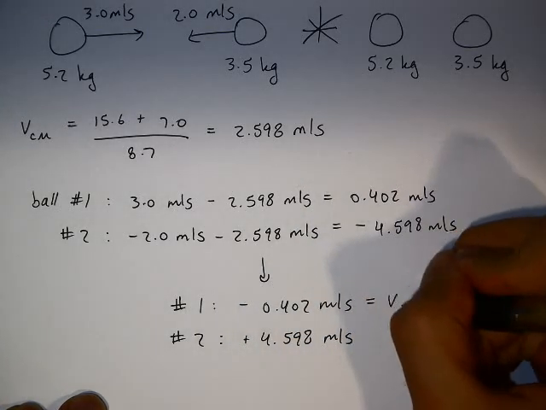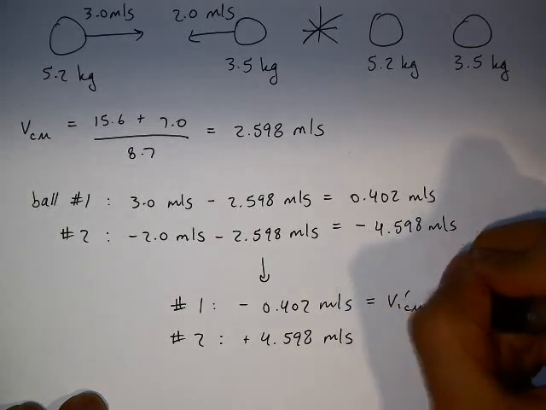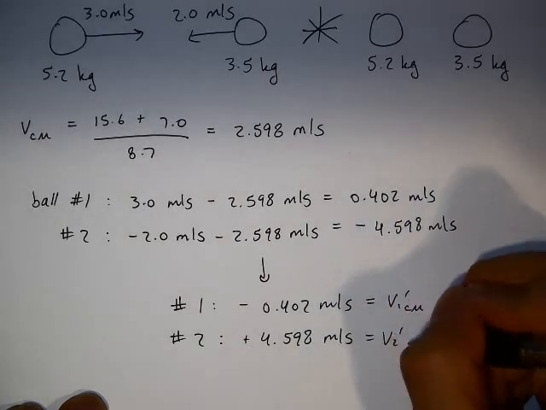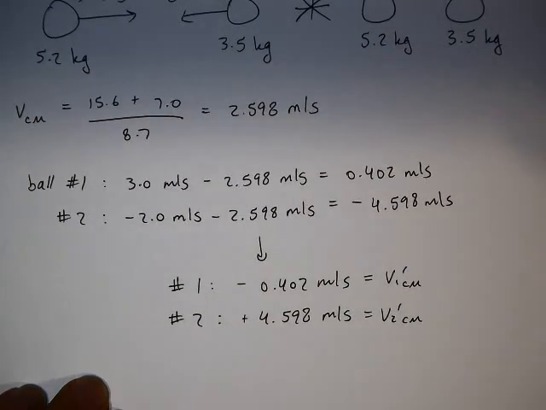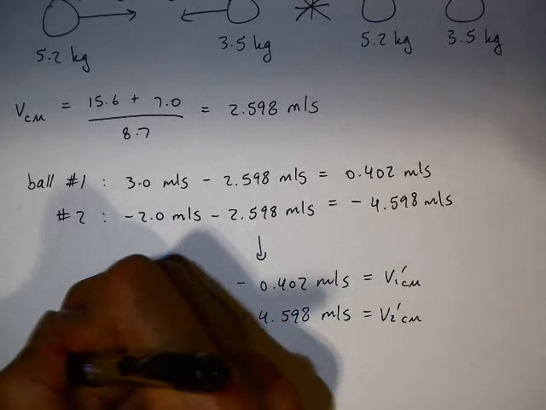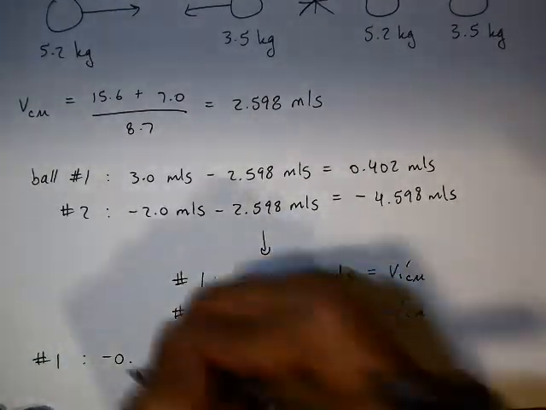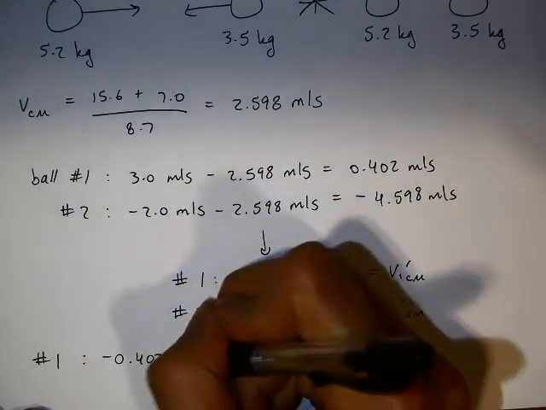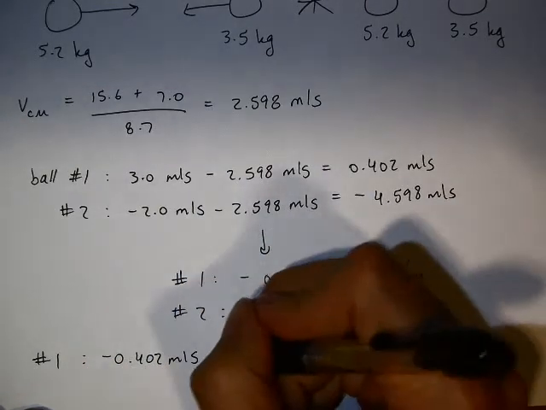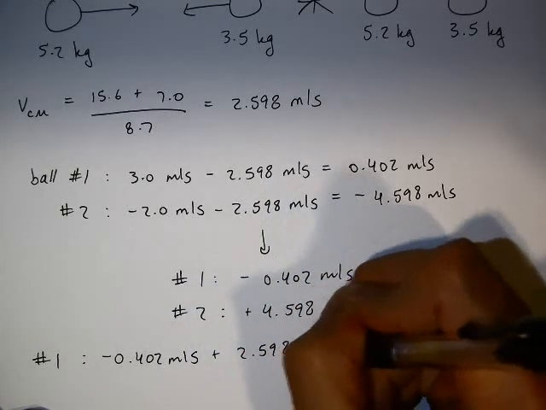So this is V1 prime in the center of mass frame, and this is V2 prime in the center of mass frame. Now, to change back to the original reference frame, we add back the center of mass velocity. So for number 1, we have negative 0.402 meters per second, and we add back 2.598 meters per second.